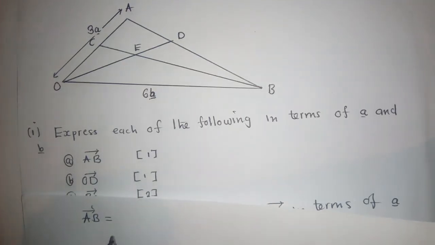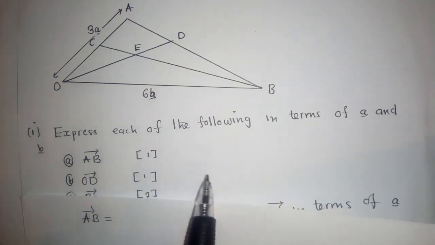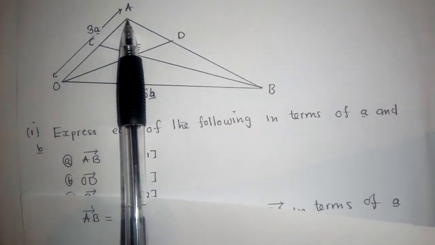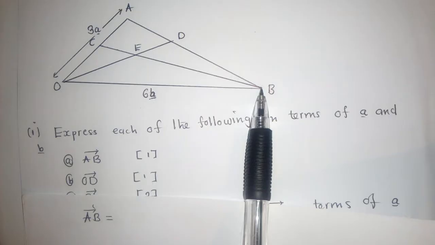So vector AB, we go to our diagram. Where is our A? Our A is here. So AB is what they want us to find.